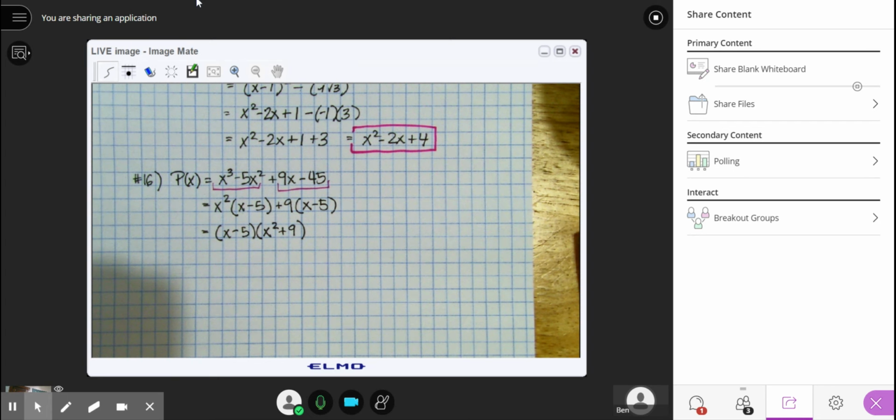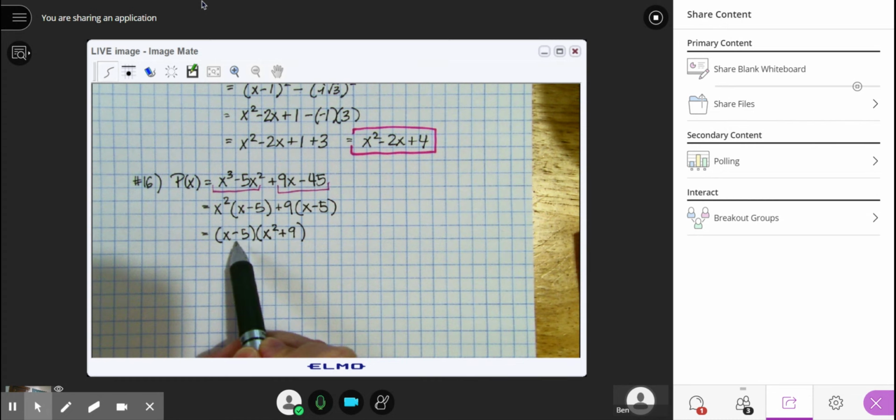Now, what were the instructions? Because I want to make sure I'm clear. So is this a linear factor? And is this an irreducible quadratic factor? It means I can't factor it anymore with real numbers.